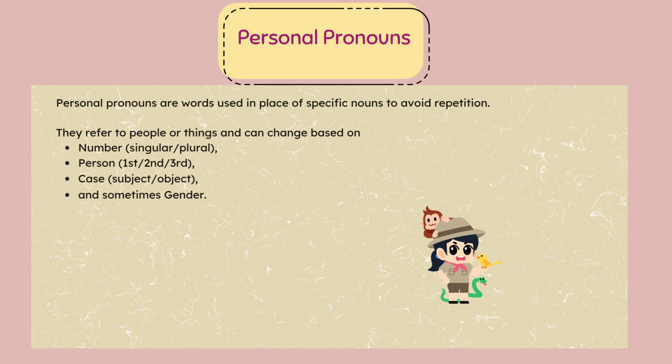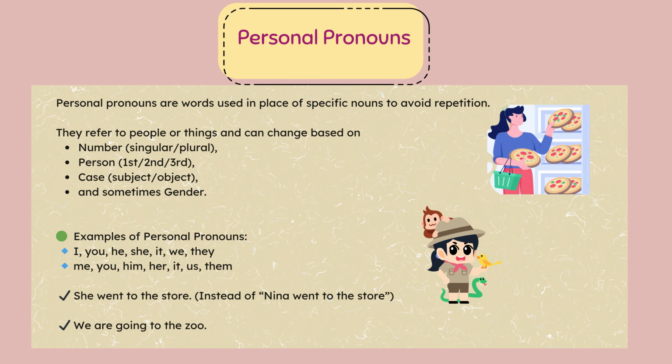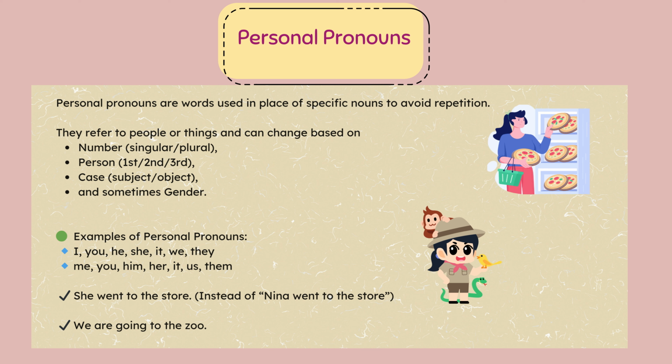Let's begin with personal pronouns. These are the words we use in place of specific names or nouns to avoid repeating them again and again. They refer to people or things, and they can change based on number, whether it's singular or plural. Person, first person, second person, or third person.